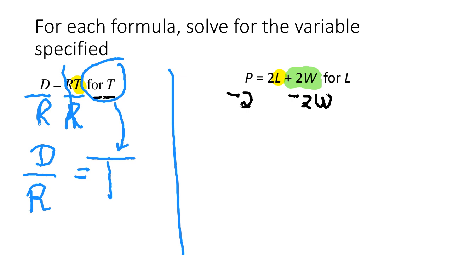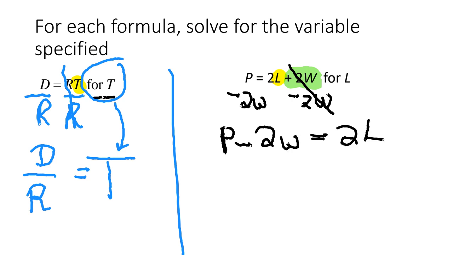Well, this is going to cancel, leaving me with P minus 2W is equal to 2L. But notice, I want just a single L, which means I've now got to get rid of the 2. Well, to do that, I am now going to divide both sides by 2.